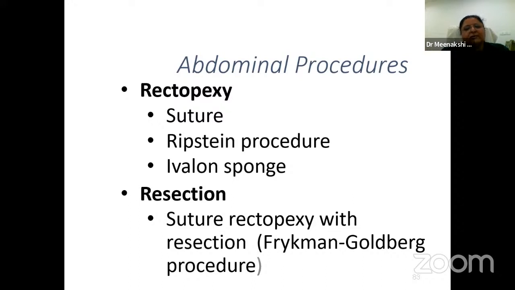So the suture, then next is Ripstein's procedure and the use of Ivalon sponge for anchoring of the rectum to the sacrum. And the second one is resection along with suture rectopexy, that is known as the Frykman-Goldberg procedure. So we will see what the various procedures are.